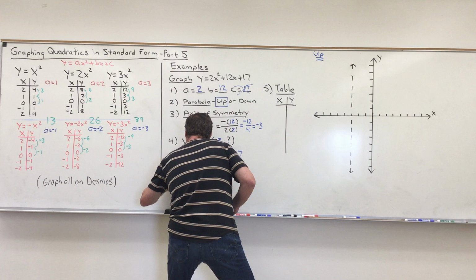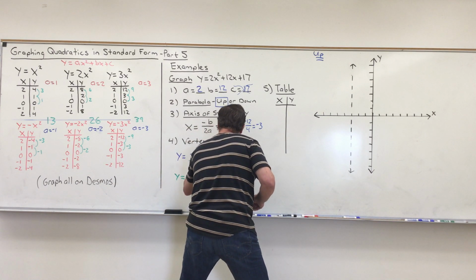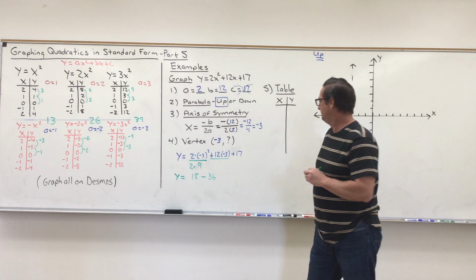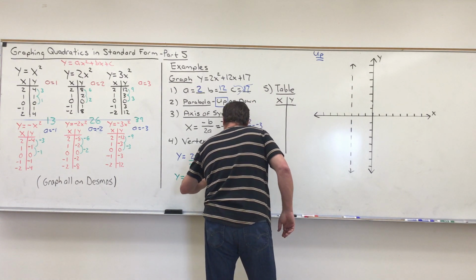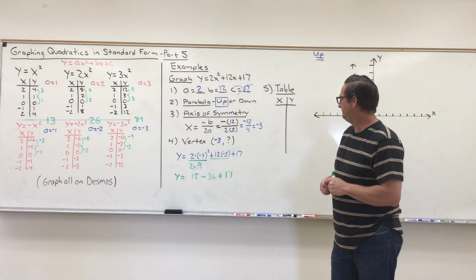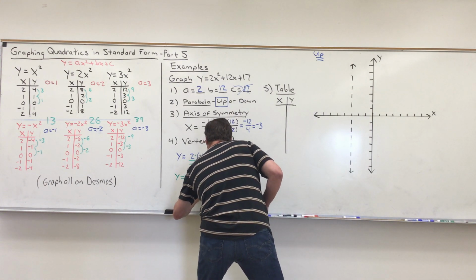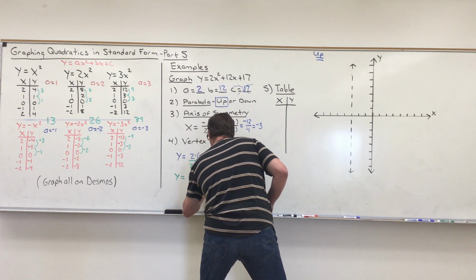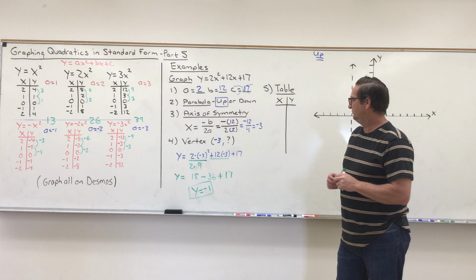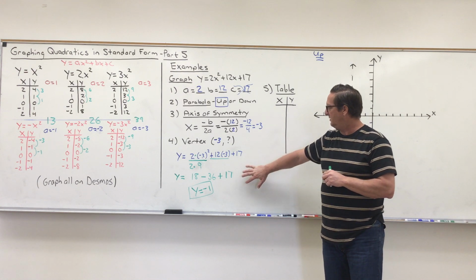So we have y equals 18 minus 36 plus 17, y equals negative 1. Okay, y equals negative 1, and that is my vertex.